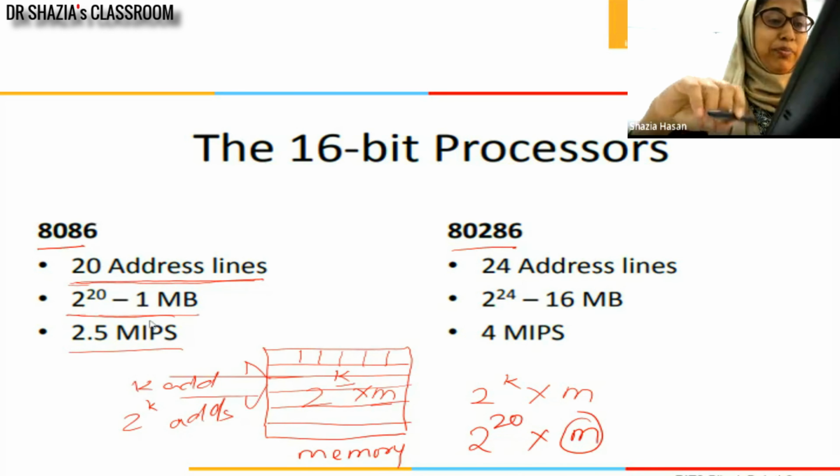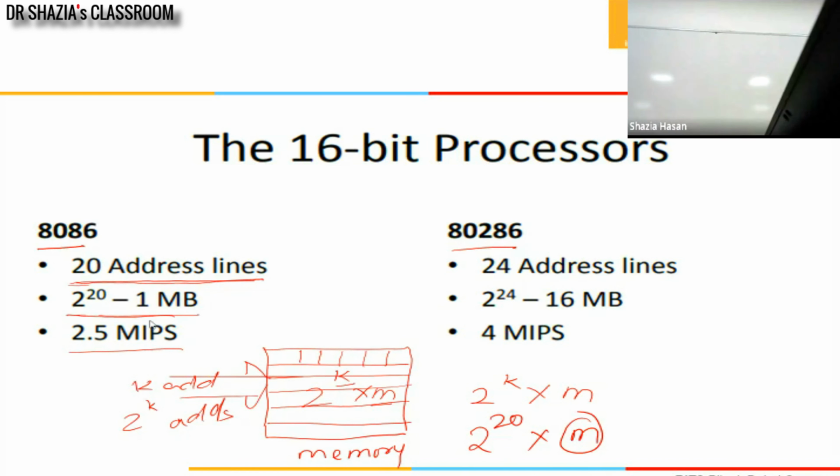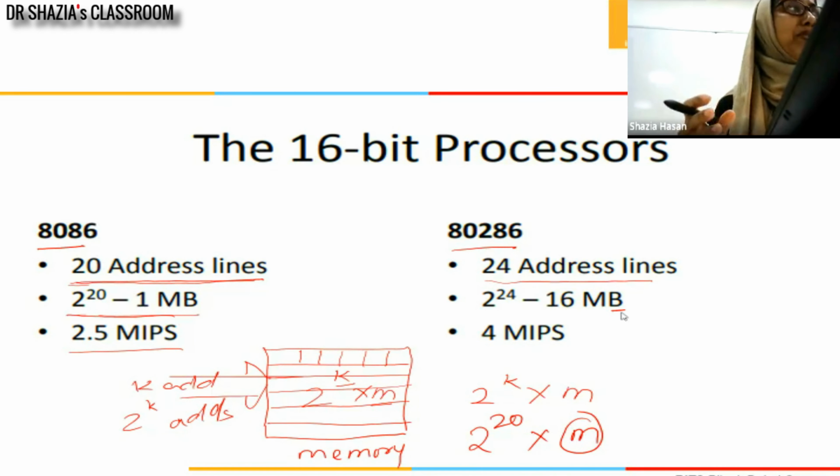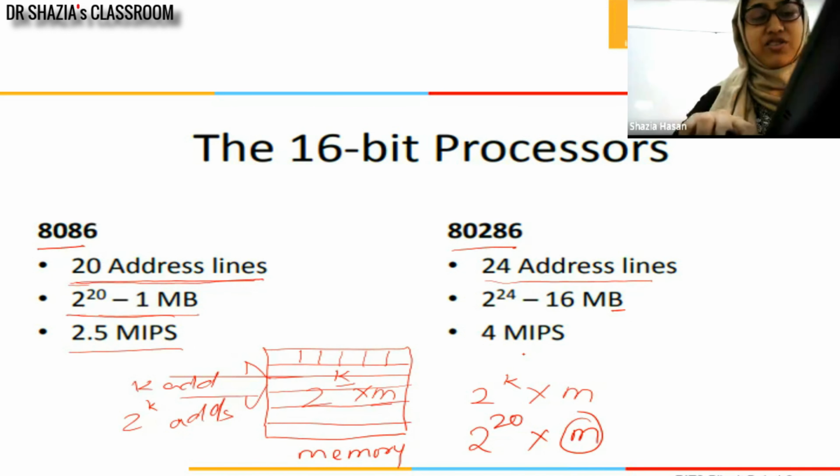But in a simple comparison, 80286 is also a 16-bit processor, with 24 address lines. 24 address lines immediately gives me, as the memories are byte organized, 2 to the power 24, which is 16 megabytes of memory space. So the maximum memory which I can connect to the 286 processor is 16 megabytes, and its processing speed is 4 million instructions per second.